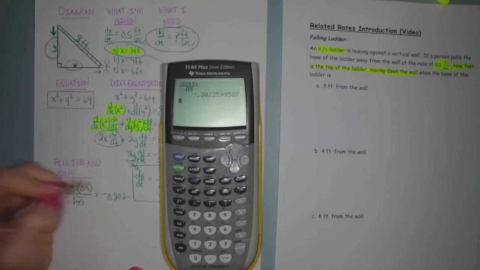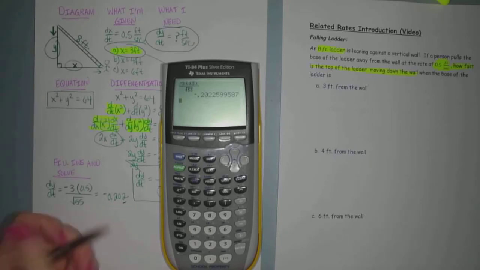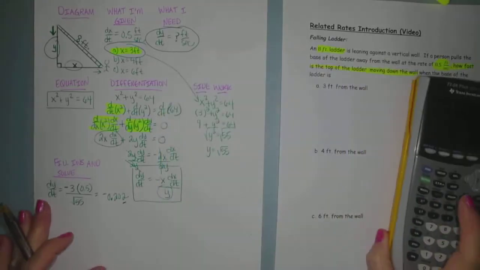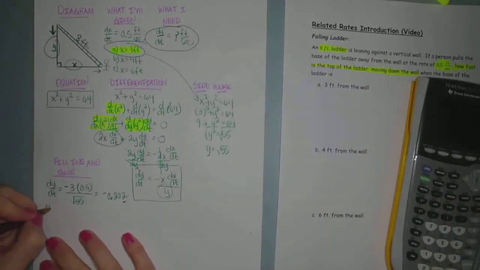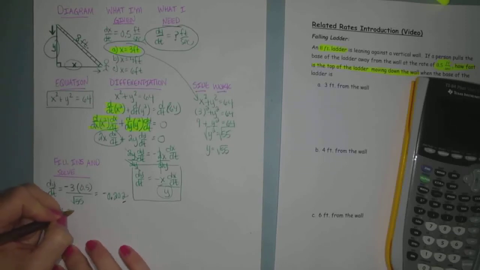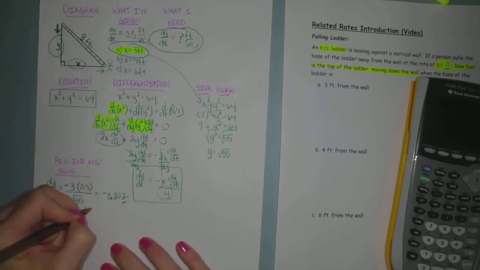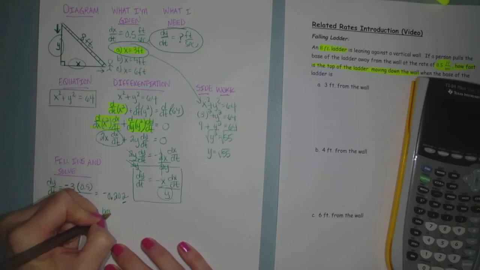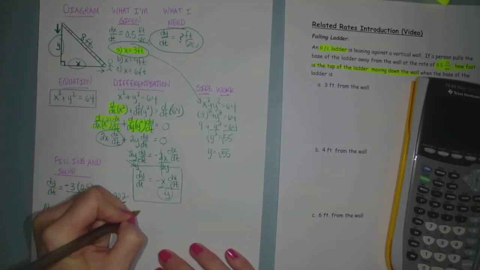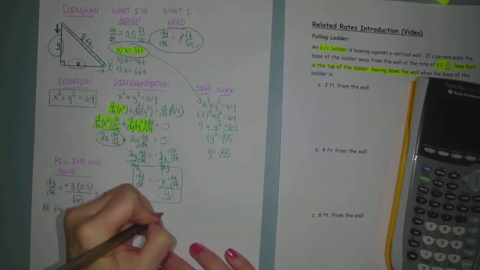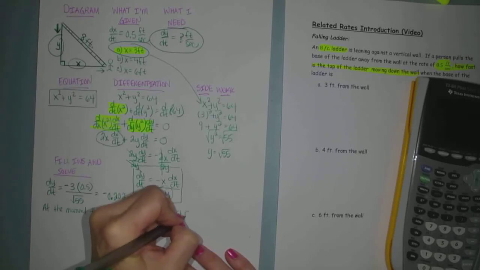I always want you guys to round to thousandths. So 3 spots beyond the decimal point, negative 0.202. And what this means is, at the moment, the base of the ladder is 3 feet from the wall.